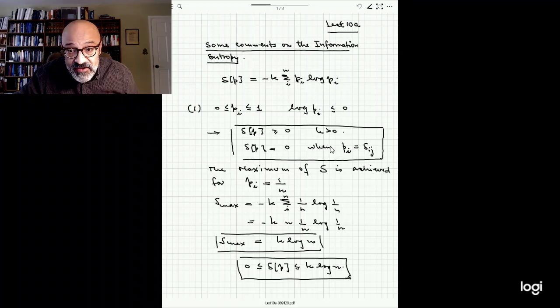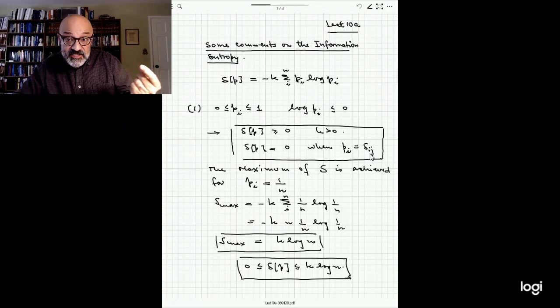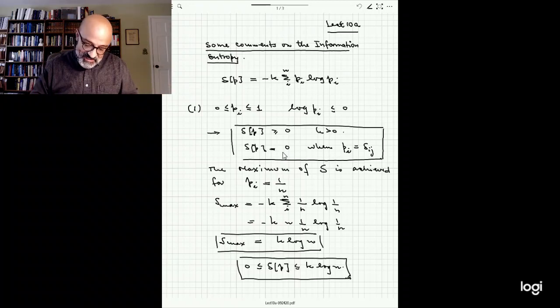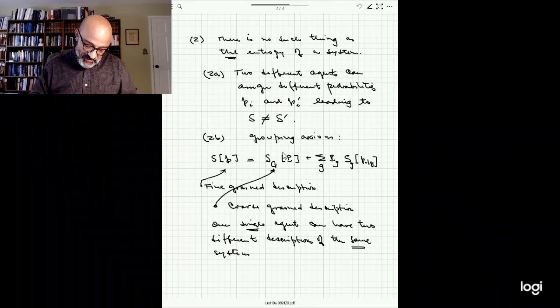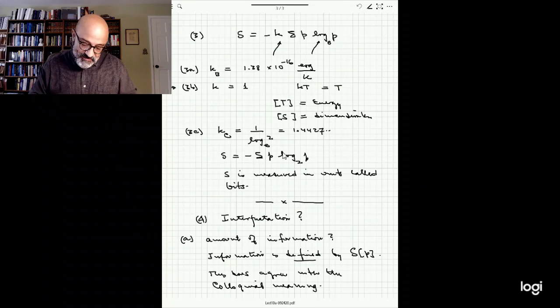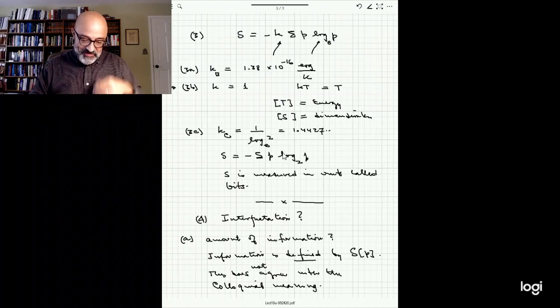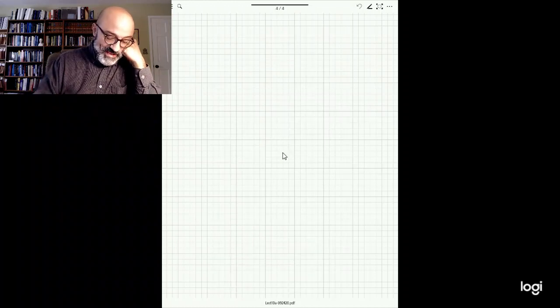When you have maximum information and you know precisely which is the alternative I that is true, then the entropy is 0. This supports the idea. You get information, the entropy goes down. But this doesn't quite work very well all the time. It works in that particular case. This does not agree with the colloquial meaning.